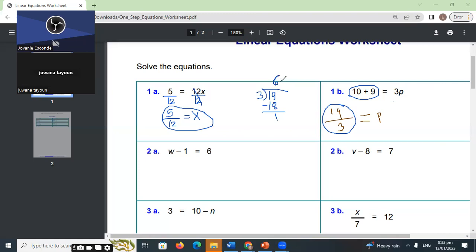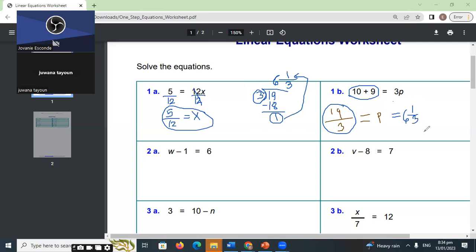All you have to do is just put a fraction bar beside 6. And this remainder 1 will be your numerator, 1. And then just copy this number there and put it in the denominator. So the answer for number 1, letter B, is 6 and 1/3.